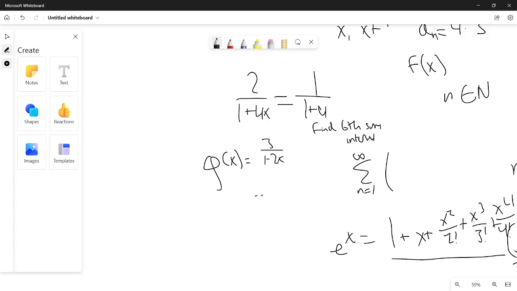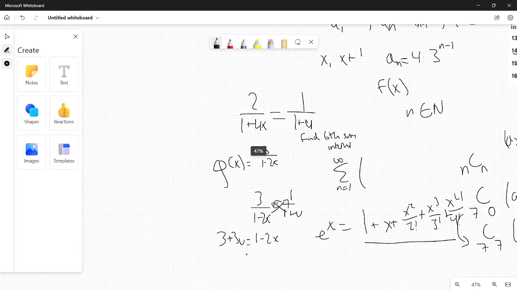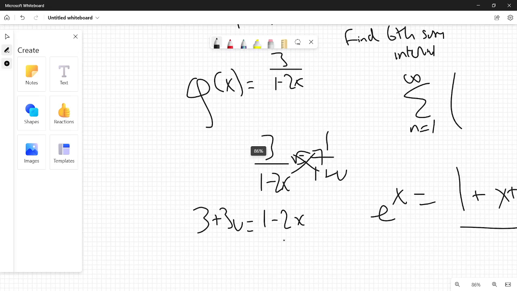So, like I mentioned, we're going to set this equal to 1 over 1 plus u and solve for u. So we're going to cross multiply: 3 plus 3u equals 1 minus 2x. We're going to solve for u.